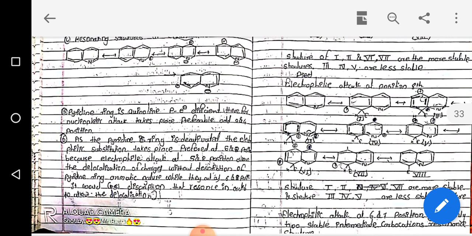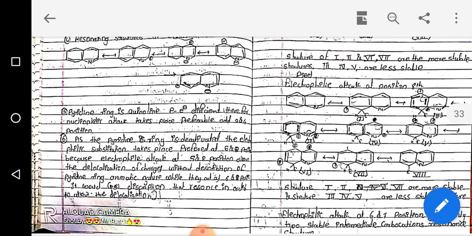Now, the substitution reaction at position 8 takes place by a series of steps. That step is also important for us. So how to draw these steps? This is simple.